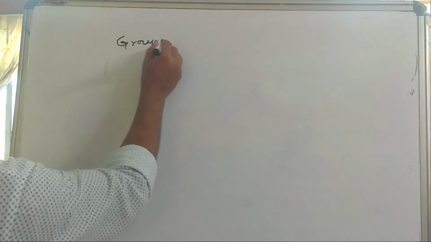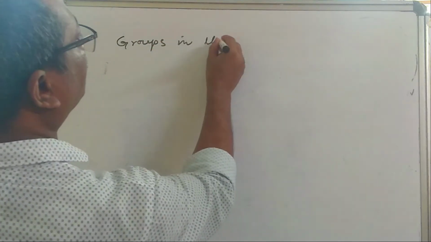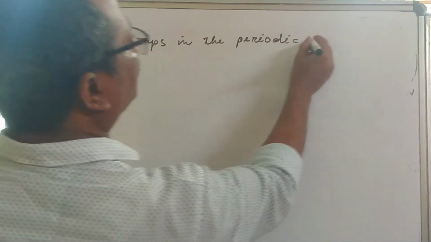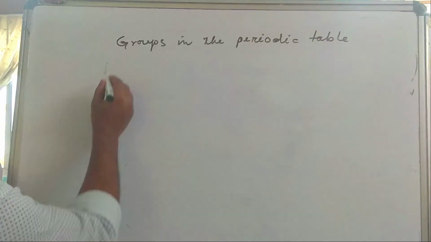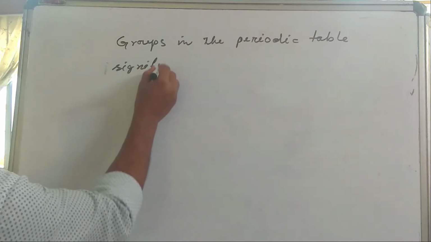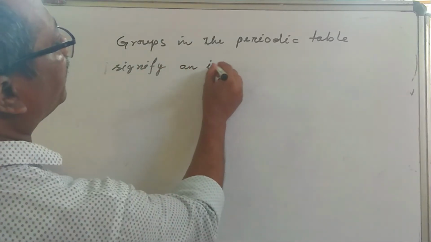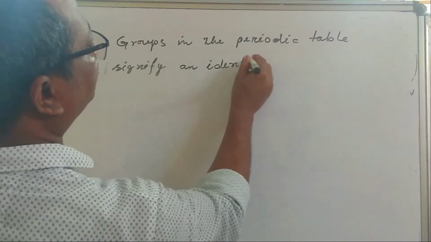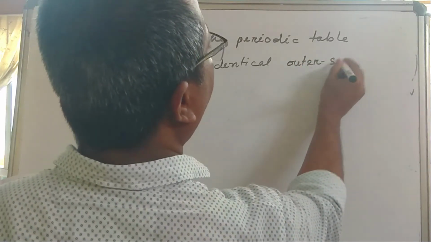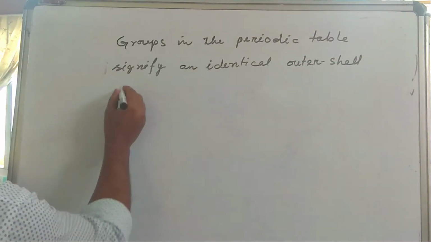Groups in the periodic table signify an identical outer shell electronic configuration.